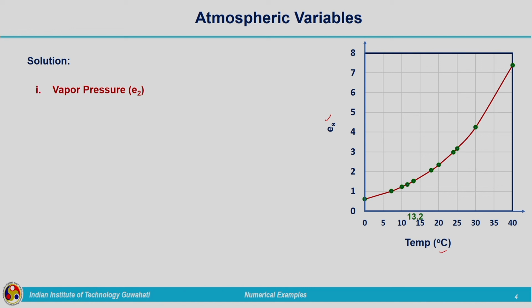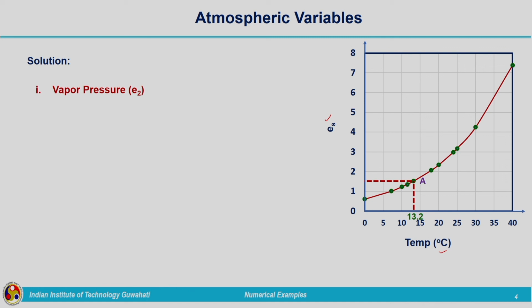Our temperature is 13.2 degree Celsius, right. Corresponding to 13.2 degree Celsius, what is our saturation vapor pressure? We can consider this particular point as A, and we have a saturation vapor pressure ES.